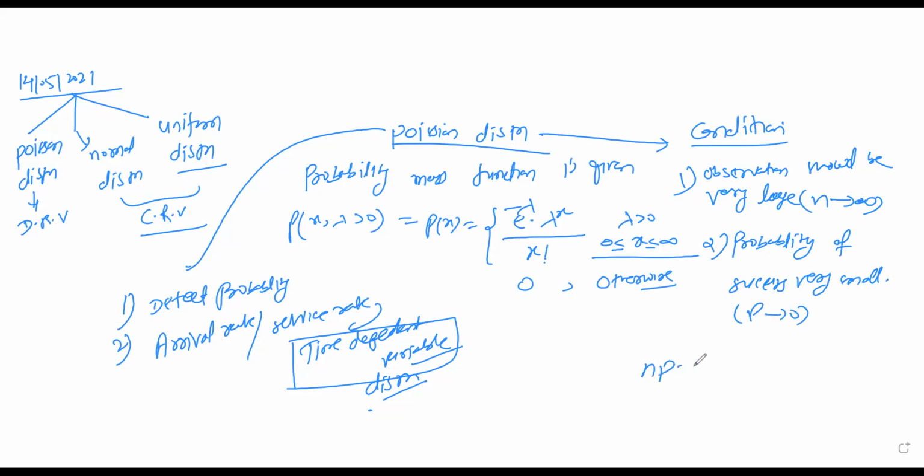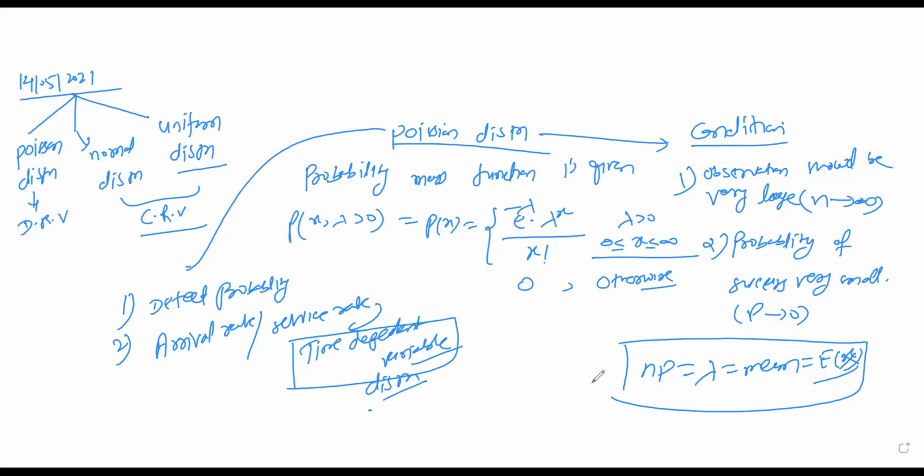So the product of n into p is given as lambda, and lambda is here the mean, which is also the expectation of x. So to apply this formula, we first find out lambda, the mean.